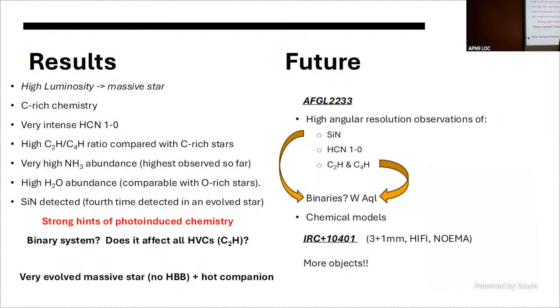For the CNH molecules we also see all the normal isotopes of carbon and hydrogen. For the rest of the lines with robust abundance determinations, we have like 55 for carbon 12 versus carbon 13, around 50 something.